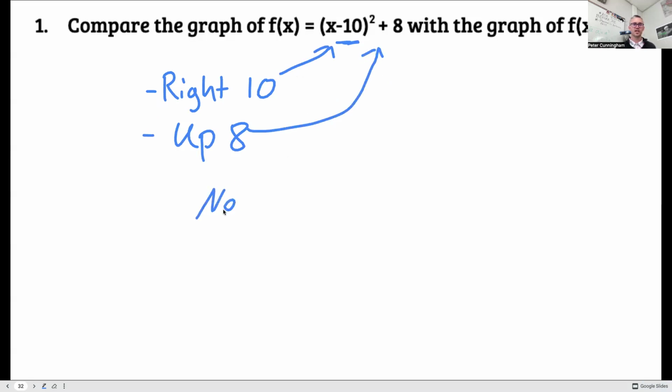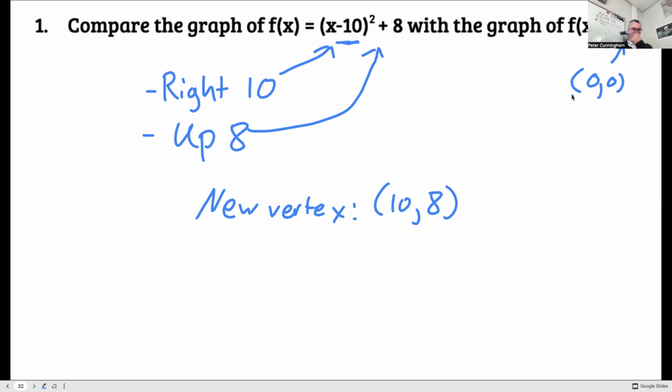And the new vertex would be to the right 10, which makes positive 10 for the x, 8 for the y, because the original vertex is 0, 0. Okay. Questions on that?